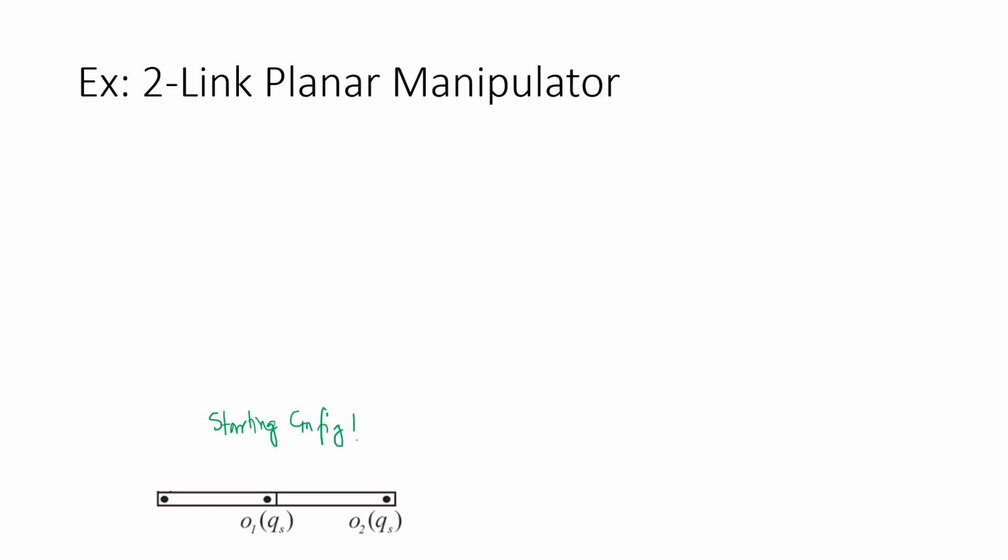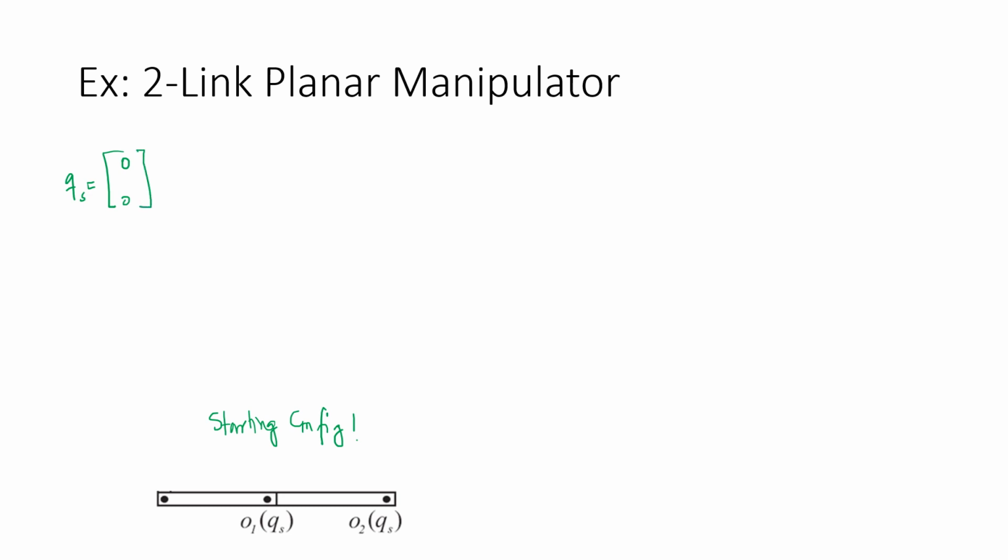Now, once you have this starting configuration, you can readily see that you have QS written down over here, which indicates that it is the starting configuration. Similarly over here. So in the starting configuration, origin of frame 1 is going to be placed at this joint, and origin of frame number 2 is placed at this point. So now I can write down that the starting configuration would be defined like a vector where you have 0, 0 over here.